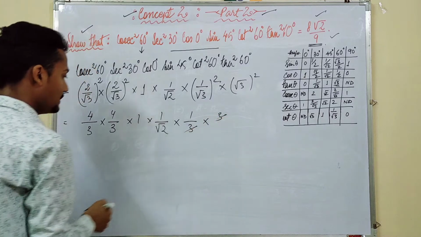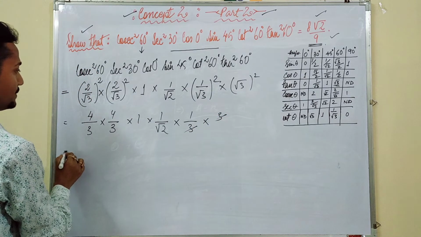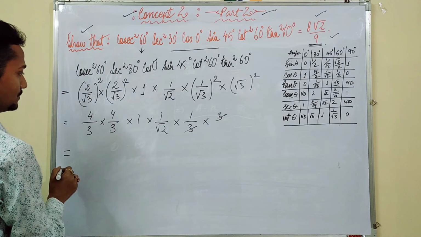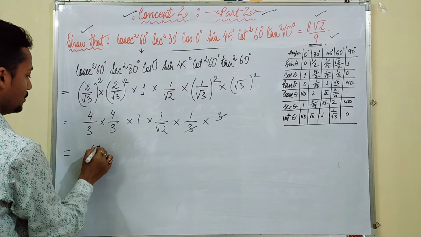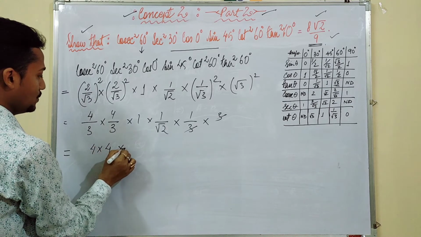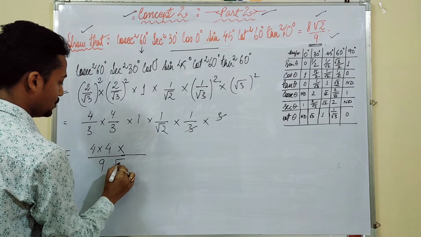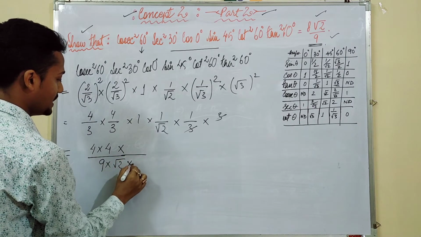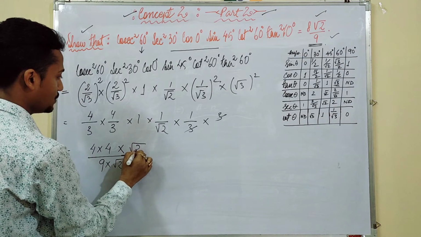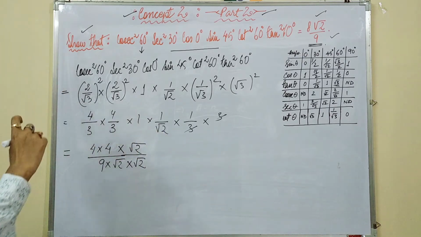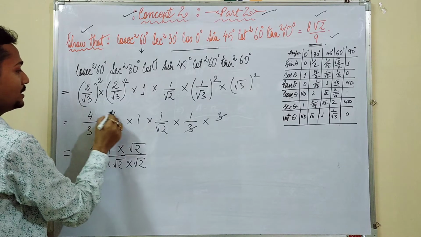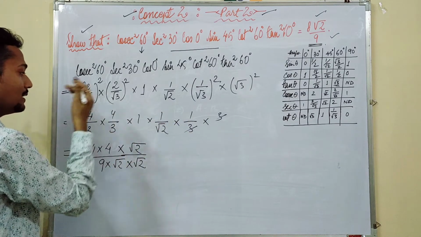3 3 cancel. Then it will be 4 into 4 into 3 3s are 9 root 2. So I will multiply with root 2 into root 2. This particular root 2 I will try to remove from the denominator. 4 into 4 and 1 I have taken within them.